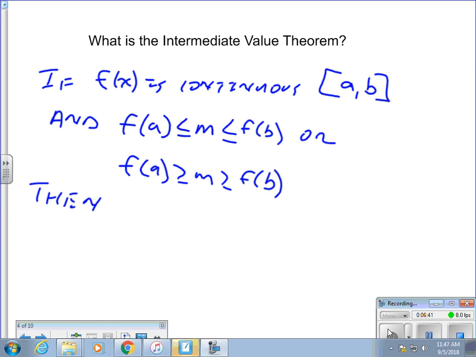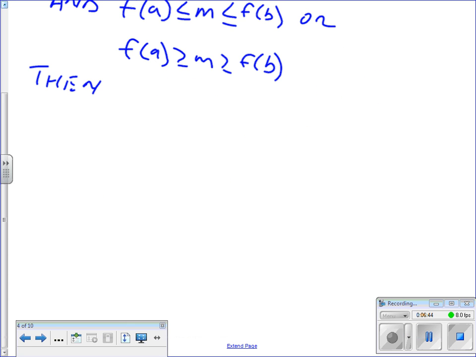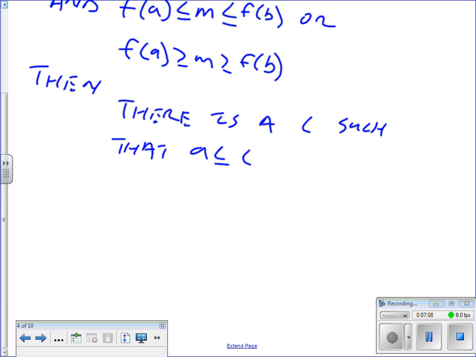Then there is a C such that C is between the two endpoints and f of C is equal to m.